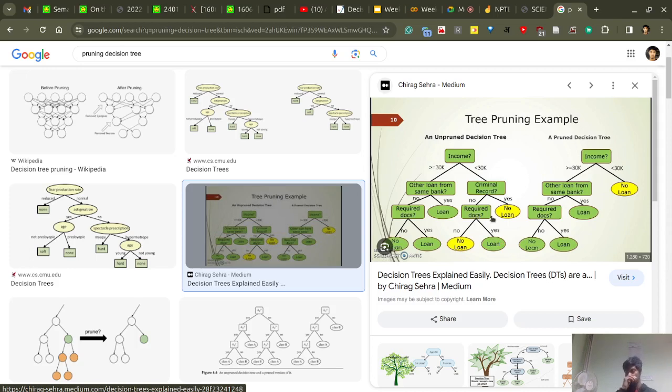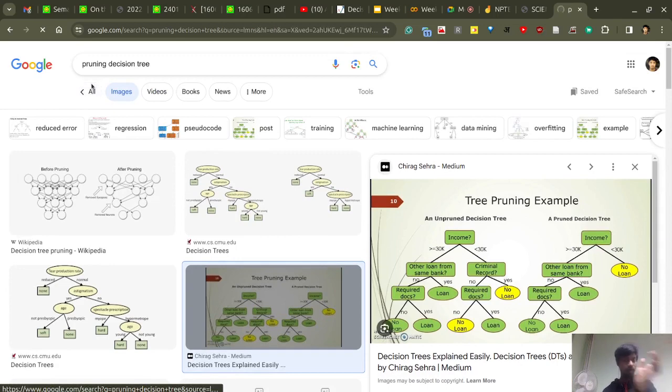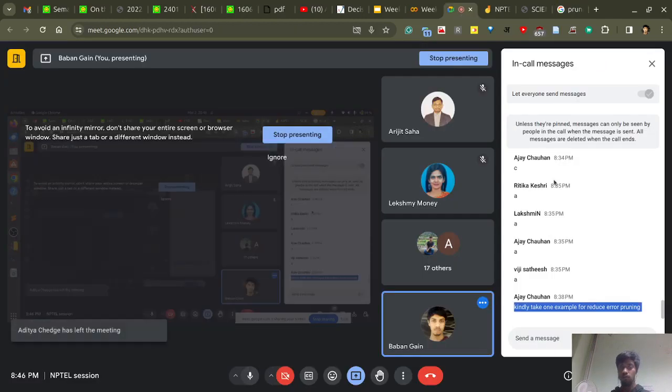Suppose there are multiple errors occurring at this point. Instead of doing that, we just prune it, we remove all this, and we just keep that if the income is less than 30,000, we will not give the person a loan. It doesn't matter whether he or she has a criminal record or documents. I will try to give a detailed example.